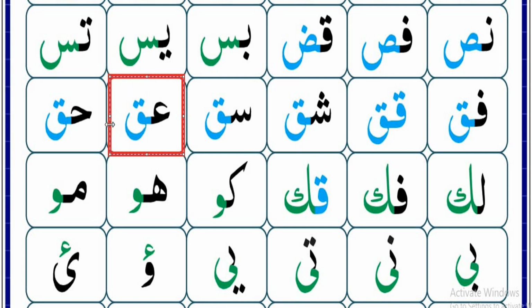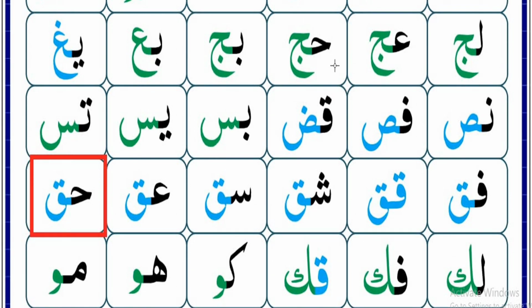So Hamza is not connected to the next letter. It's Ain and Qaf. And this one here, it is Ha. This is the one we saw here. Exactly the same shape. That is Ha. The first is Ha, and the other is the full shape of Qaf. So it is Ha, Qaf.